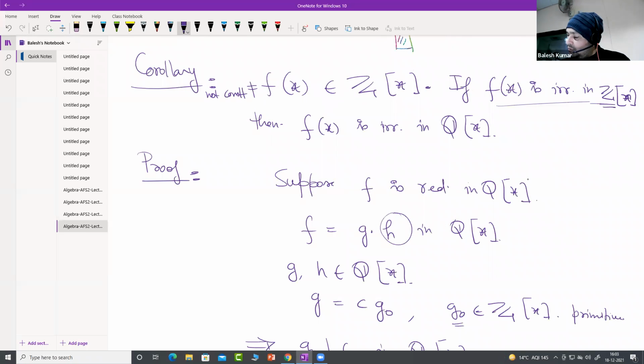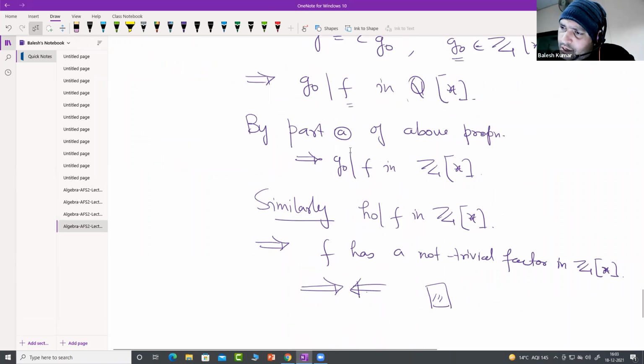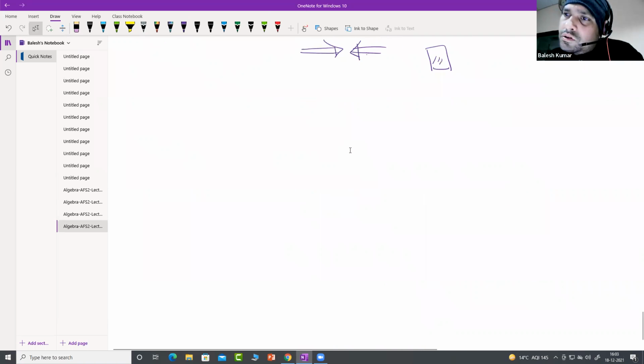So we will be using these things to prove our result that Z[x] is a unique factorization domain. Let me sketch what we have done so far and what we have to do.